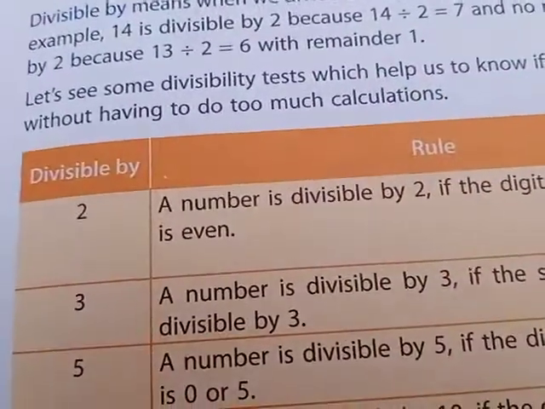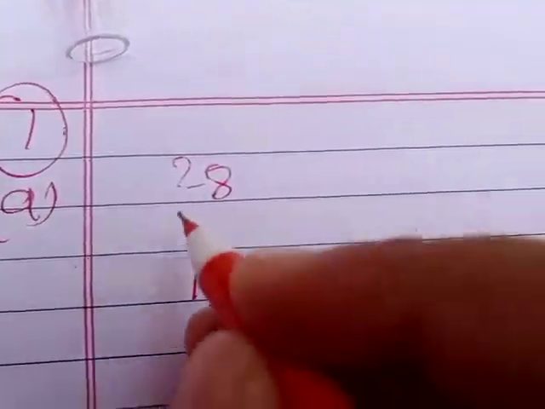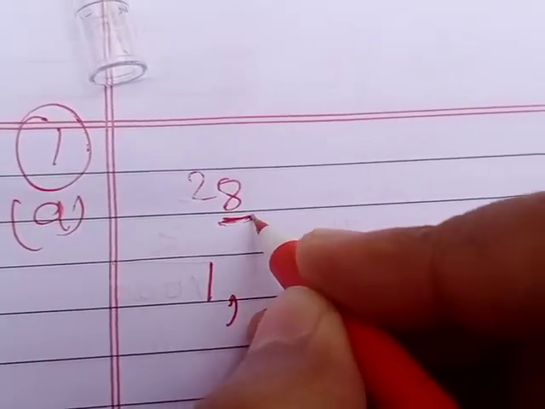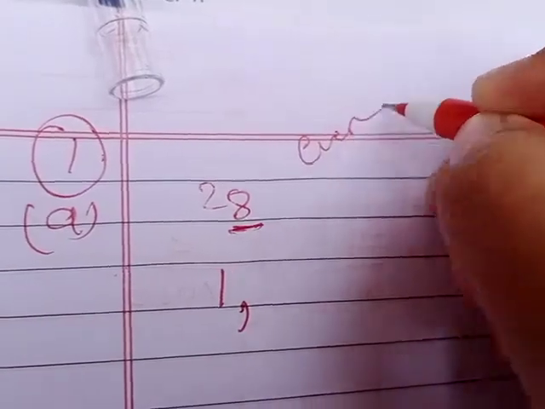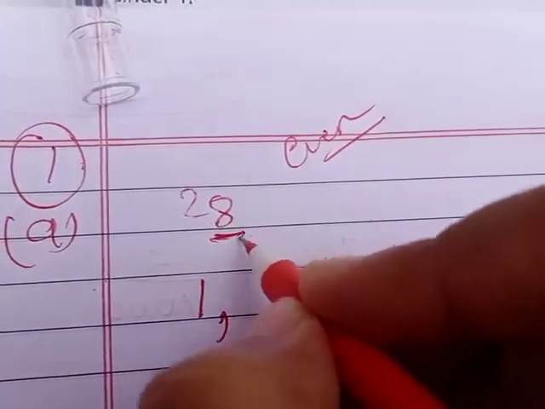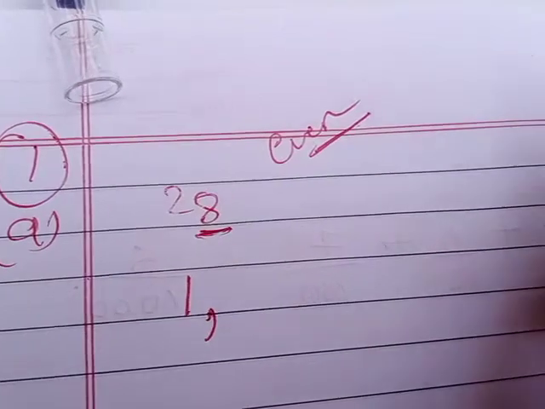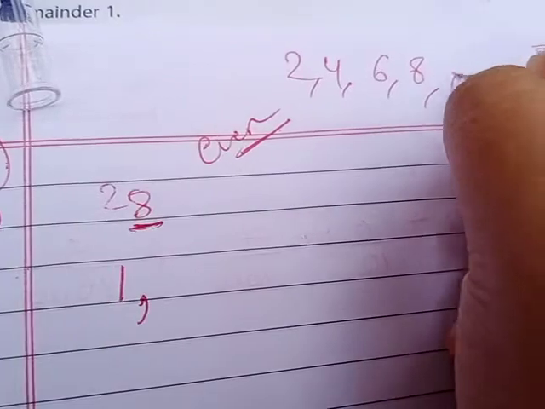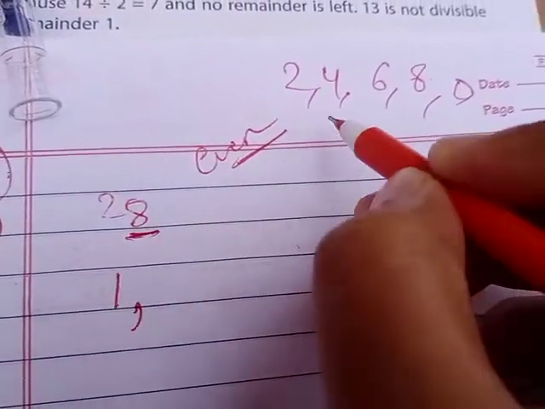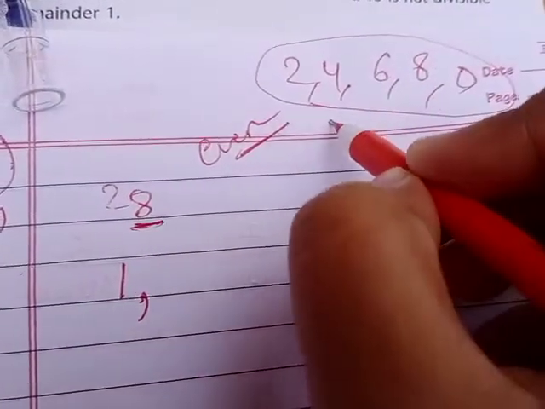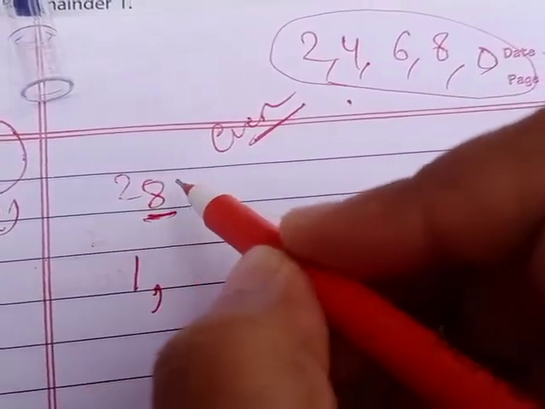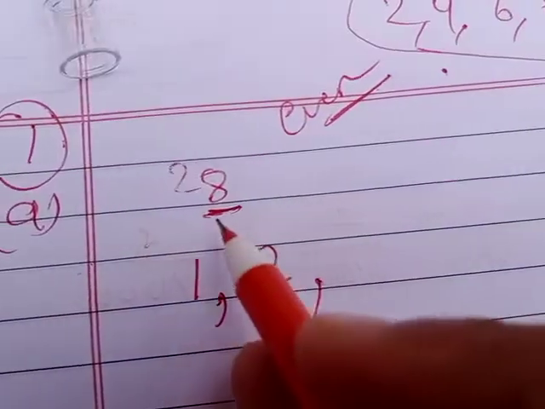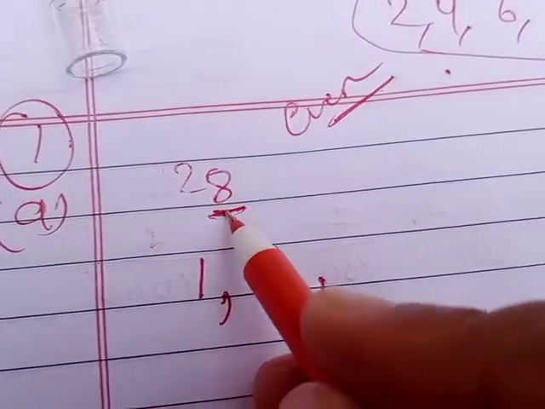The rule of 2 is that, in the given number, if the ones place number is an even number, that is, 2, 4, 6, 8 or 0, then we will say that the particular number has 2 also as its factor. Clear? If you see, this 28's ones place is 8.